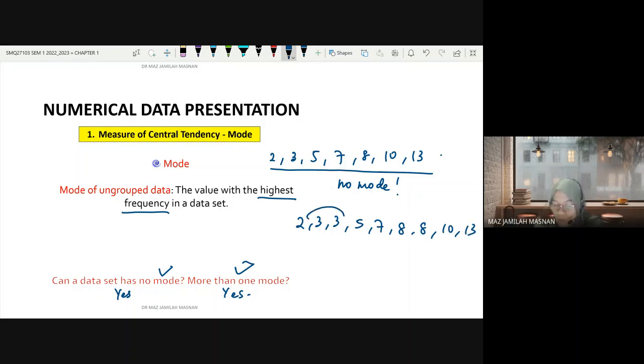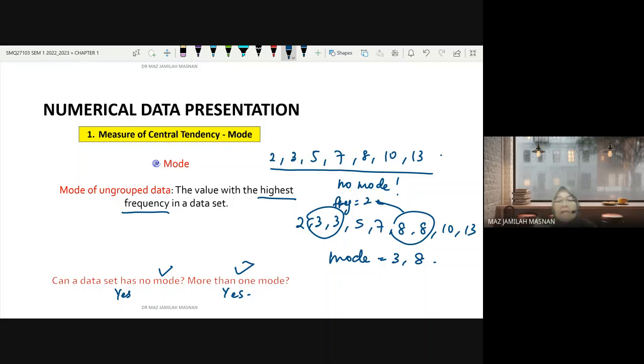The ones that repeated are 3 and 8, both with similar frequency. How many? The frequency is equal to 2. Also here, 2. So the mode will be 3 and 8.